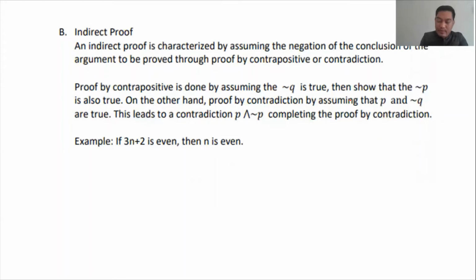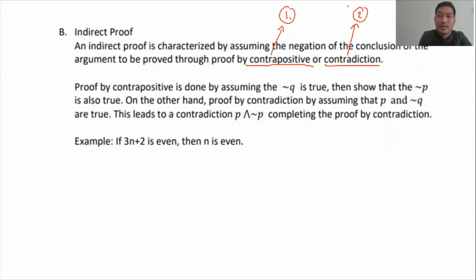We will have two ways of proving our statements using indirect proof. One is proof by contrapositive, and you already have this when you take your logic and set theory. You also know what contradiction is based on what you have in number theory, so I'll not go deeper into that.